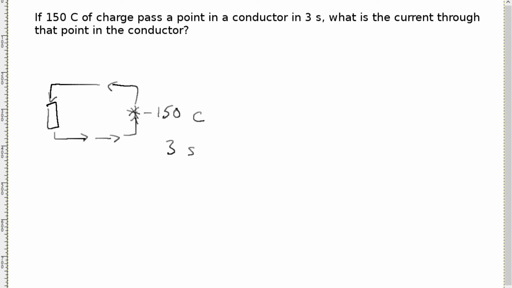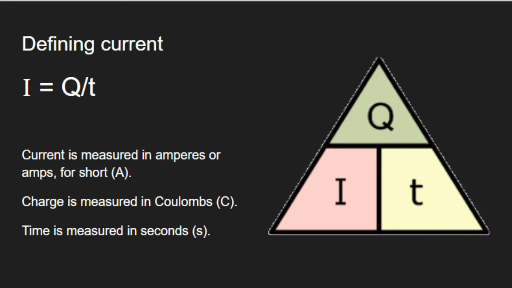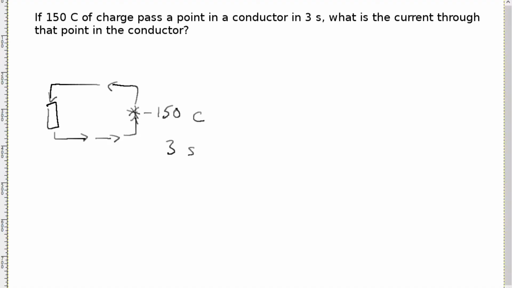So remember, if we pop back to our triangle, we have Q over I T. So let's put that up here. This will be a useful tool for us. If you don't remember how to use one of these triangles, don't sweat it. We'll go over it again.